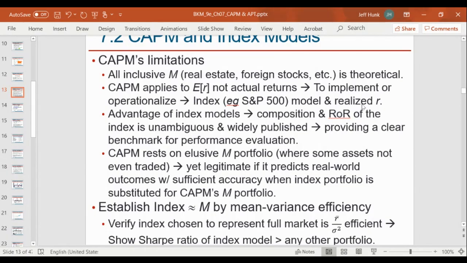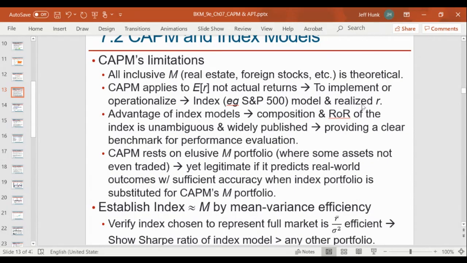The advantage of the index portfolio is that the composition and rate of return of the index is unambiguous and widely published, right? In other words, it's definitive, and the data is widely available. So it provides a clear benchmark for performance evaluation.